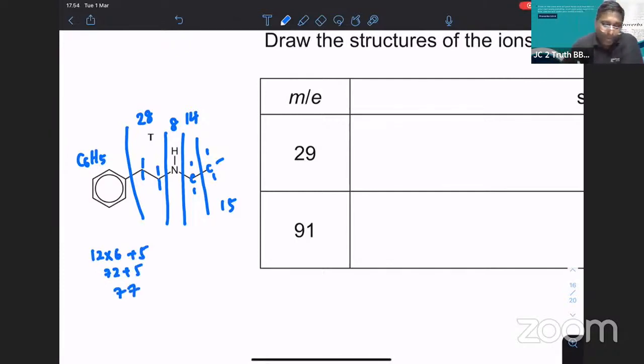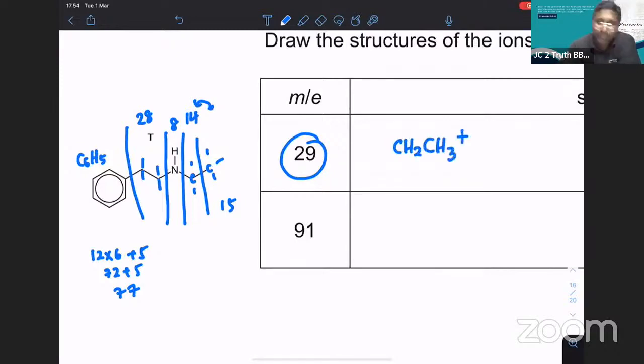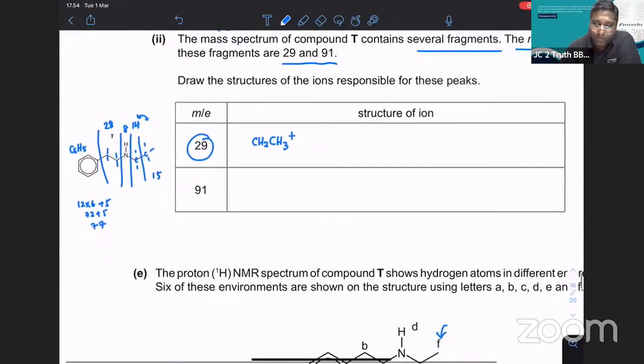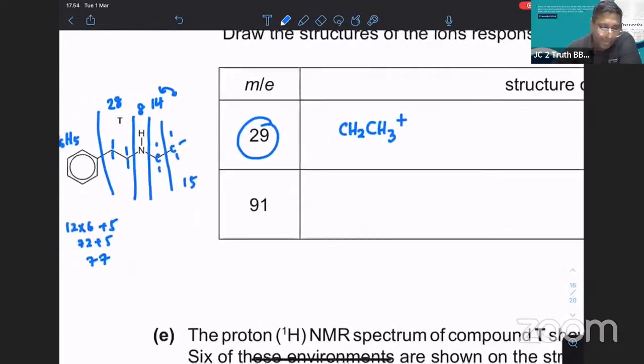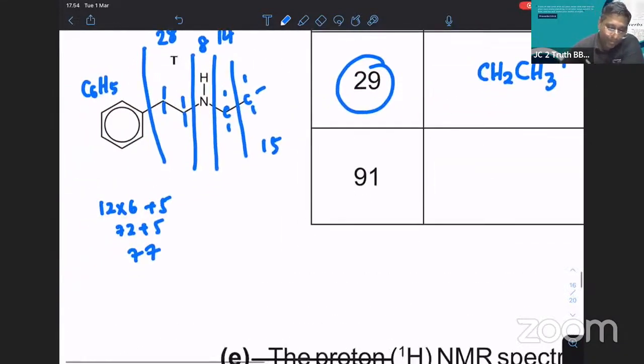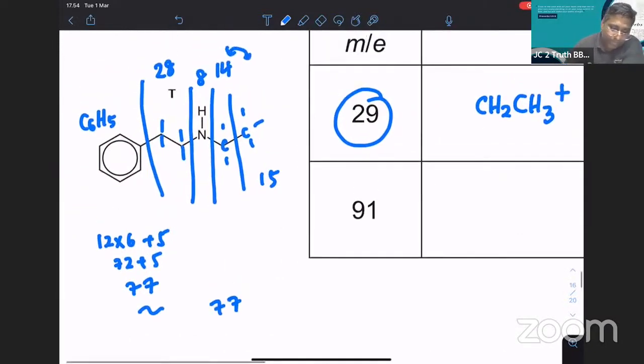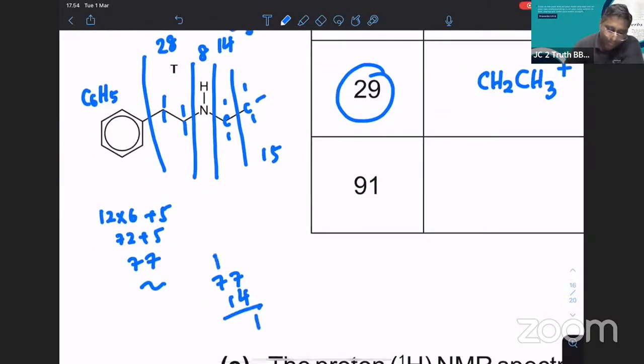If they want 29, see which combination gives you 29. I can see 14 plus 15 is 29, so it is going to be CH2, CH3, plus. That is the structure of the ion. For 91, most likely it is the bigger number, 77. I try 77 first, and then 14 first, so 77 plus 14 gives 91.